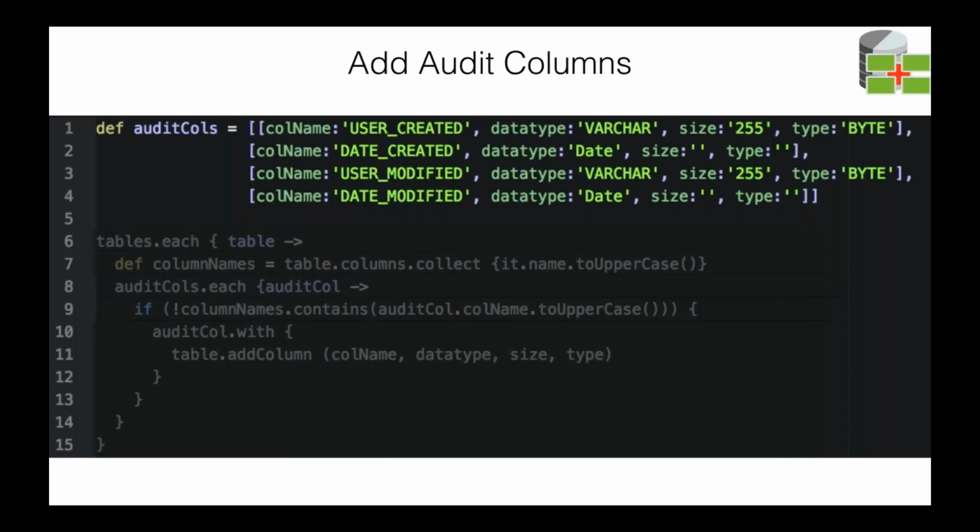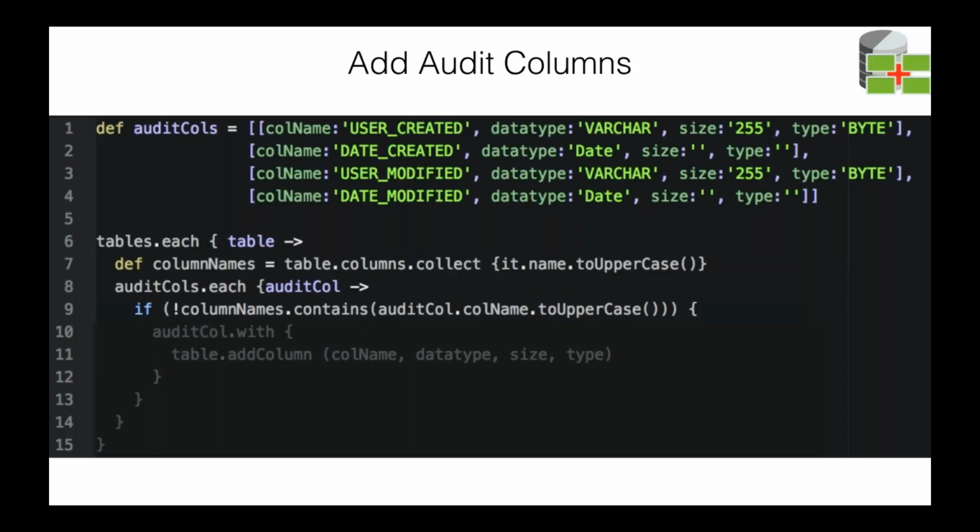So audit columns are first defined using a two-dimensional array. We then look at each of the tables within the model. We take all of the names of the columns from that table and put them into a list. We're then going to look through the audit columns and see if the list of column names from the table contains any of these audit columns.